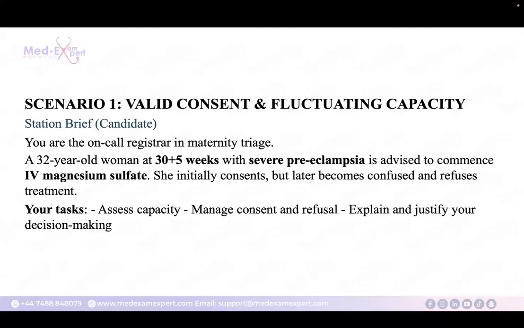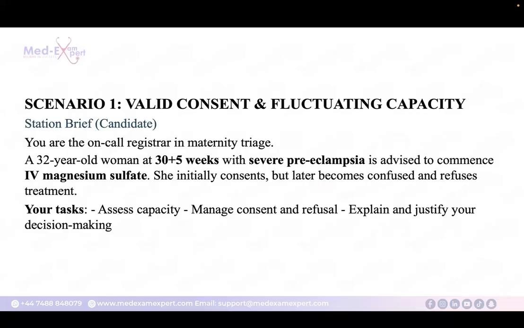We will monitor your reflexes as well, and your urine output as well. And if there is any deterioration in your condition, then we will try to manage it earlier. Otherwise, without taking this medication, you are at risk of having fits.